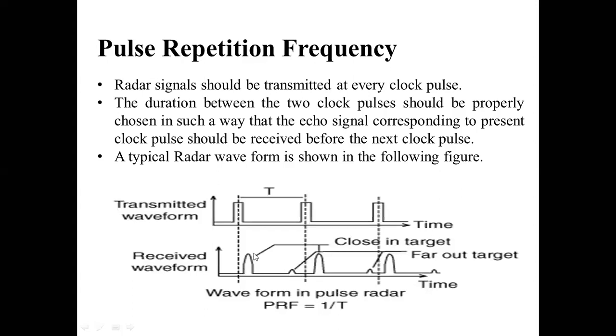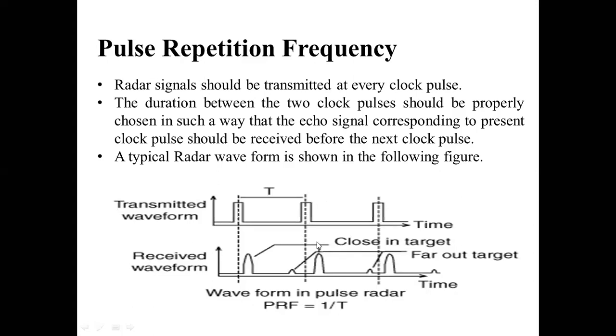So if you get the received signal after the second pulse is transmitted, after transmitting the second pulse we are getting the echo of the first transmitted pulse. So this is the small one. What is the difference between the large one and the small one? If you are getting the echo signal before the second pulse, the target is close to the radar system.